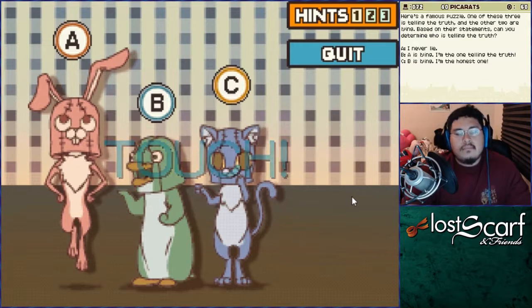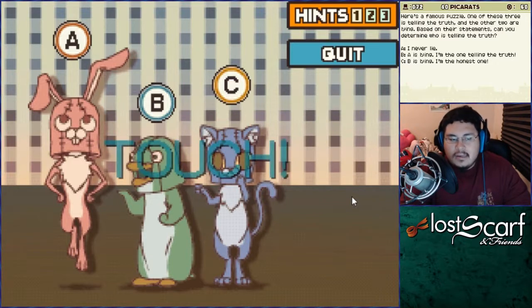Okay. Now, assuming that A is telling the truth and the other two are liars, that means B's lying. A is telling the truth, and they're saying that B's lying and they're the honest one, which means B is telling the truth by C being the liar.